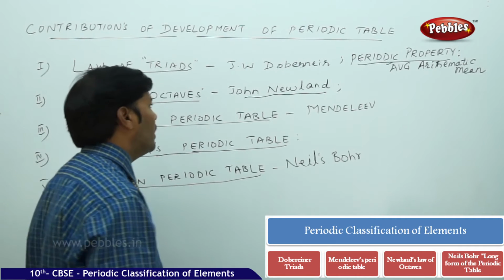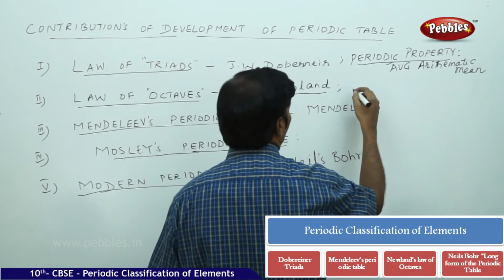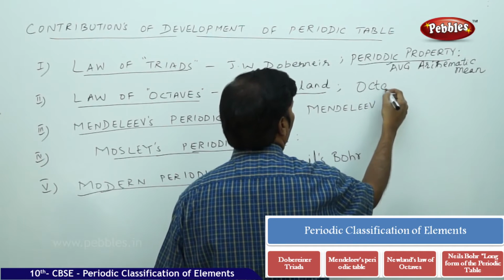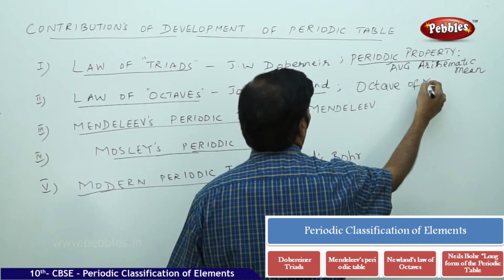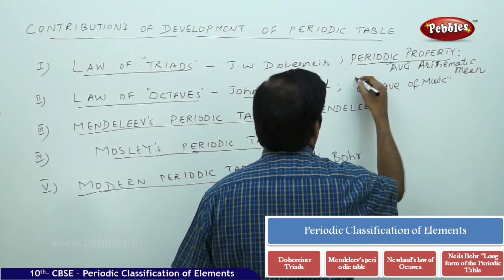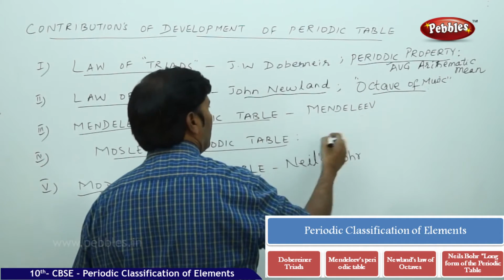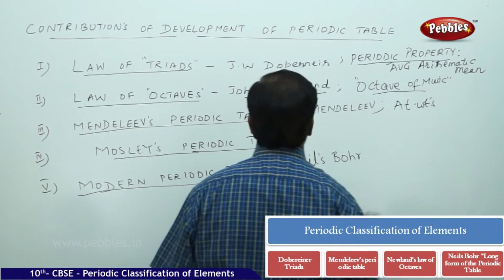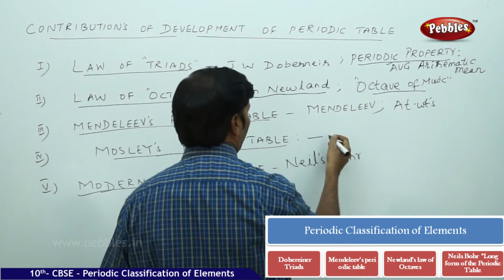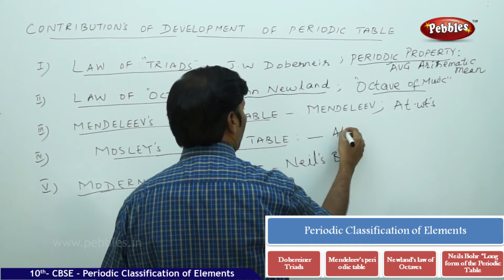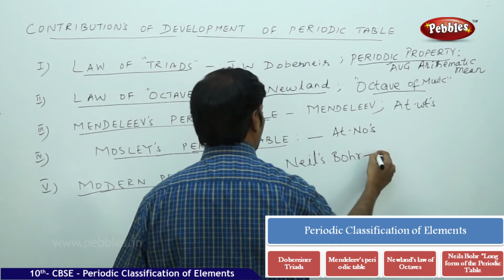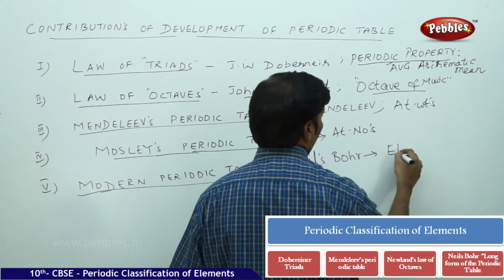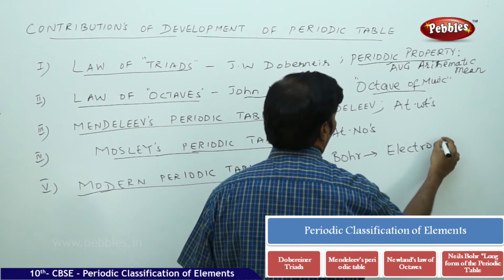It was proposed by John Newlands, and the periodic property for law of octaves is the octave of music. For Mendeleev's periodic table, the periodic property is atomic weights, and for Moseley's periodic table, the periodic property is the atomic numbers, and for modern periodic table, the periodic property is electronic configuration.